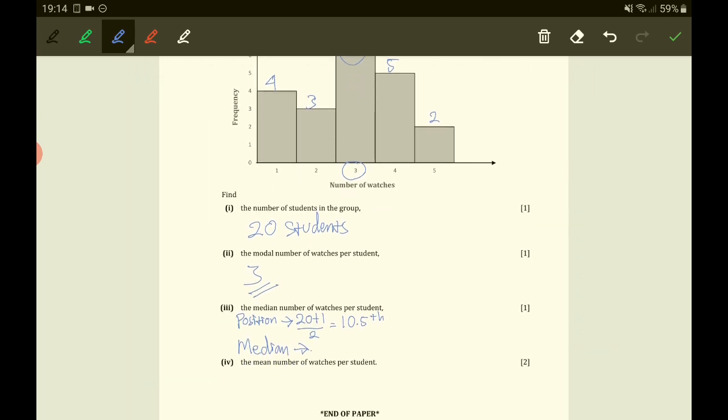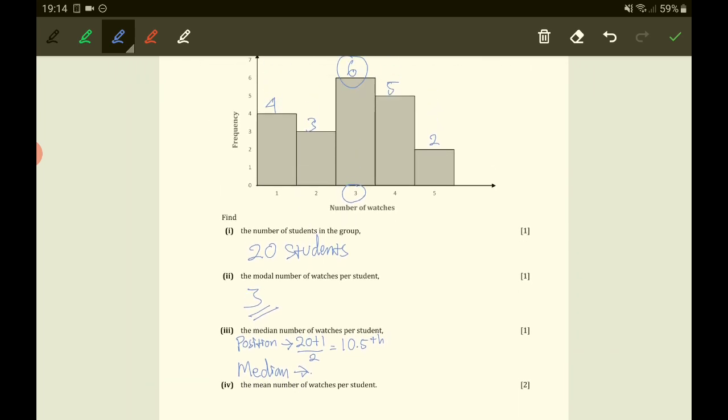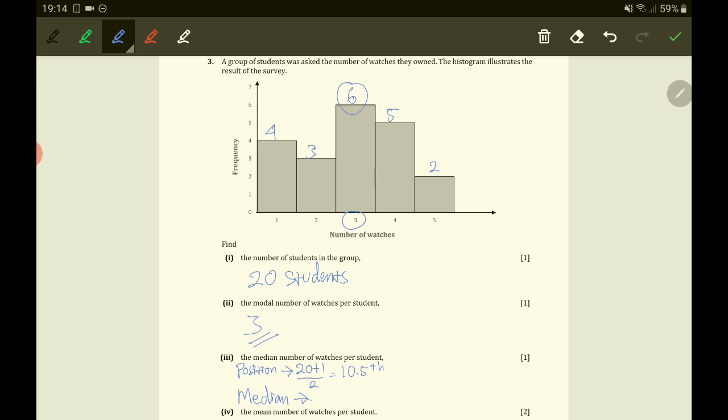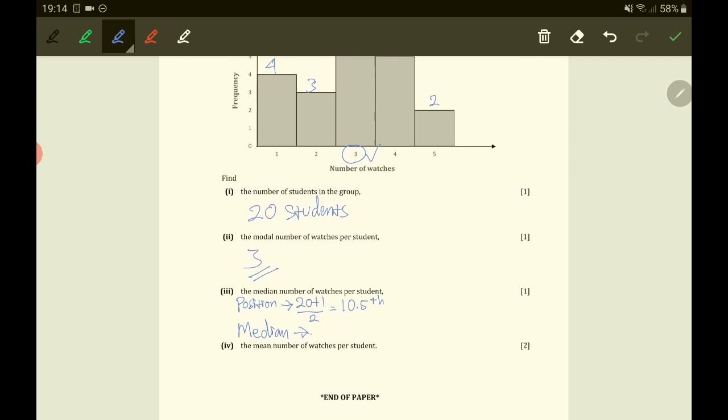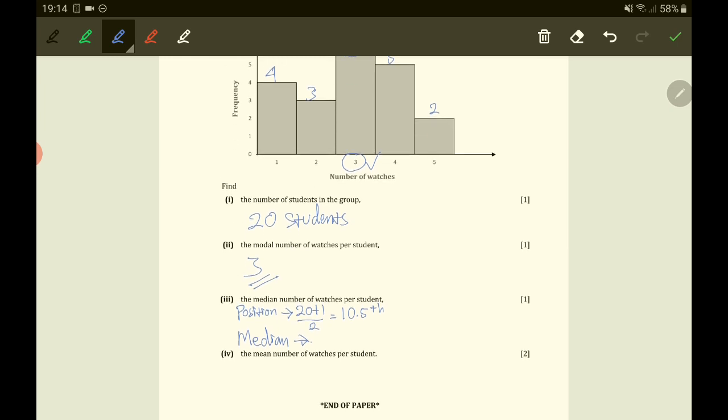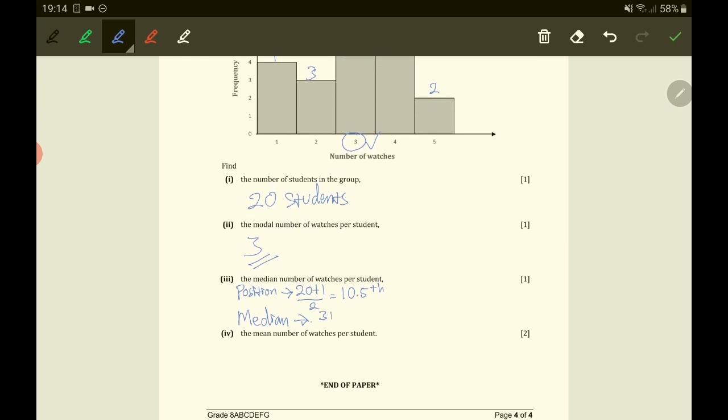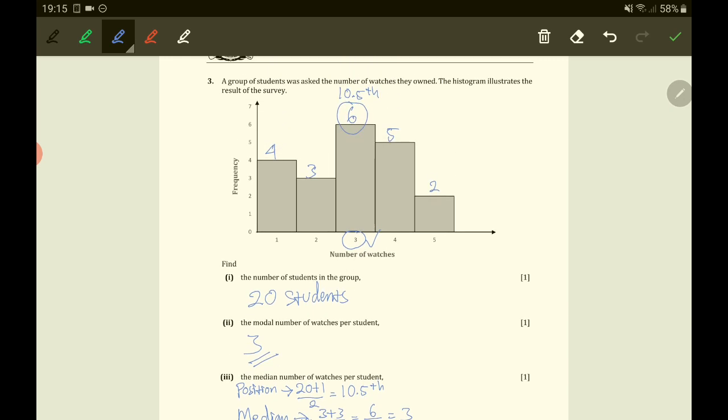So position 10.5 is actually inside the 3 part, in between 3 and 3. So 3 plus 3 divided by 2, which is 6 divided by 2, gives 3. So the median here is 3. Position 10.5 is here.